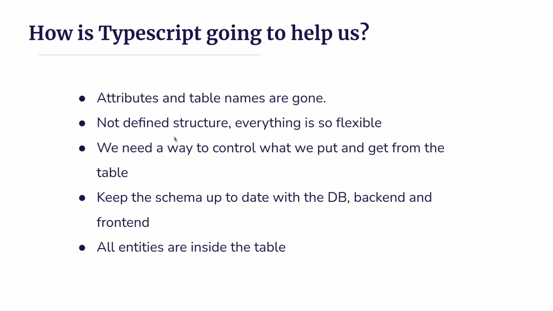Also, as we said before, we don't have any structure defined and everything is so flexible, so we need a way to control that in our project, in our code.